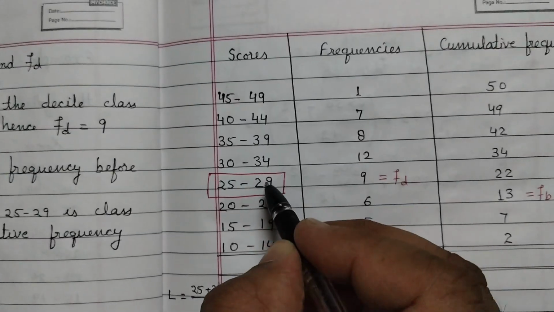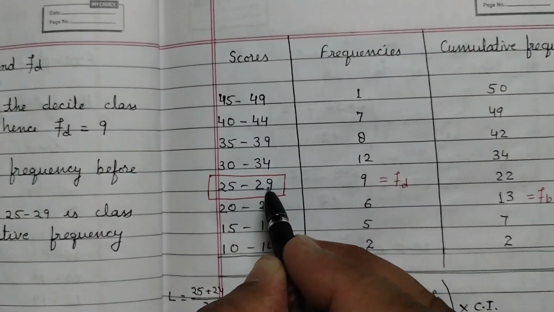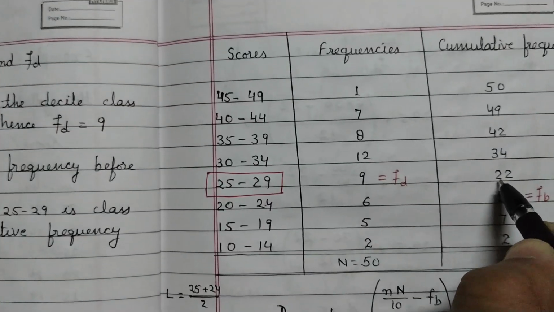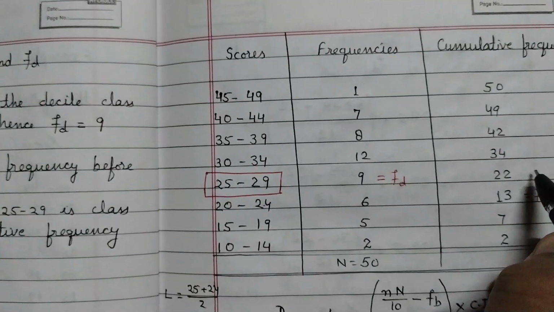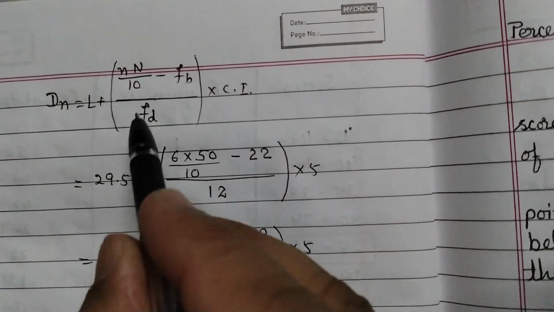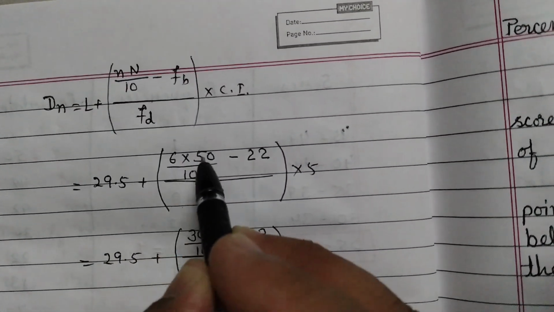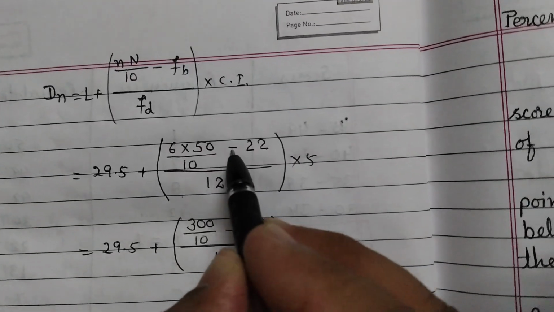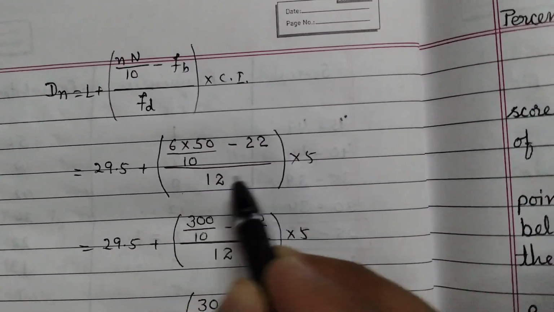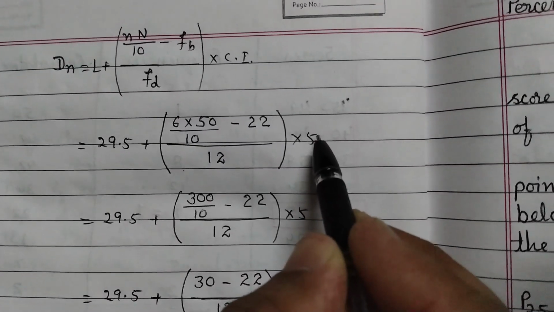And below this, in the class interval 25 to 29, the cumulative frequency is 22, which is equal to FB. Now substituting all these values in this equation, we have 29.5 plus 6 multiplied by 50 divided by 10 minus 22 upon 12 multiplied by 5, because the class interval is 5.